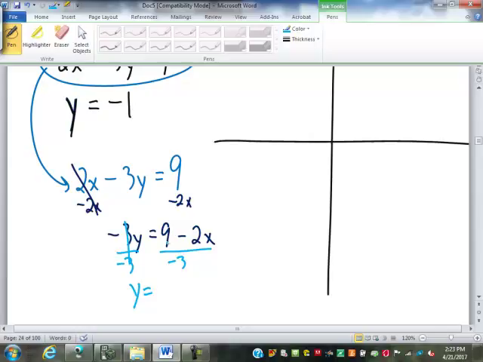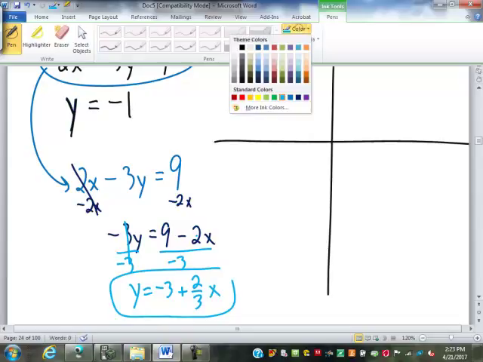Y equals, perfect, 9 divided by -3 is -3. -2x divided by -3, negative divided by negative is a positive. And again, we just put the 2 over 3 to make 2/3 x.